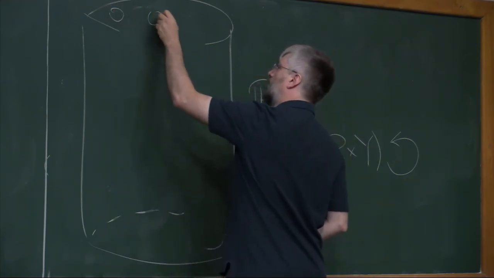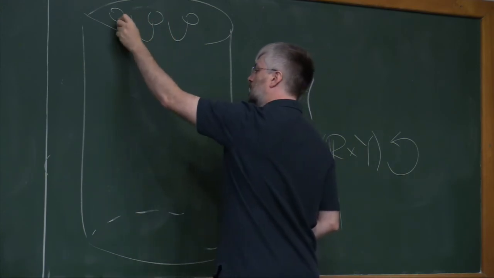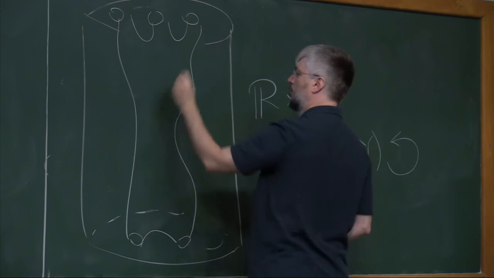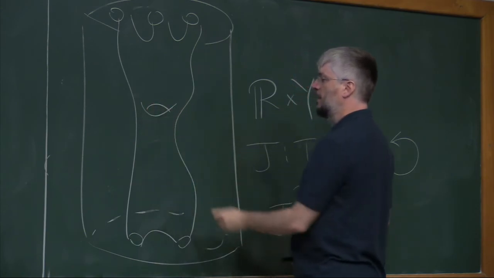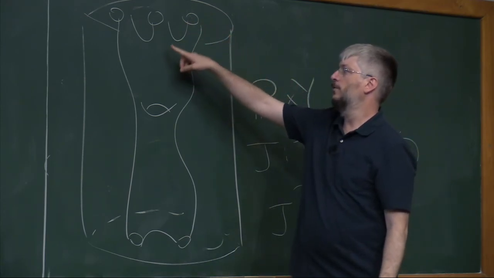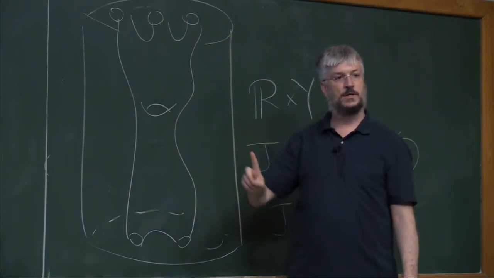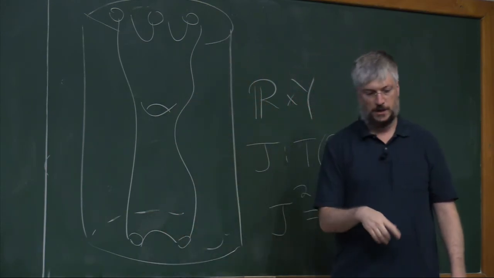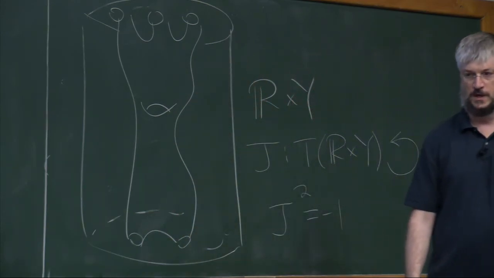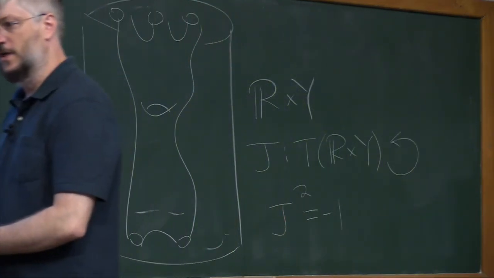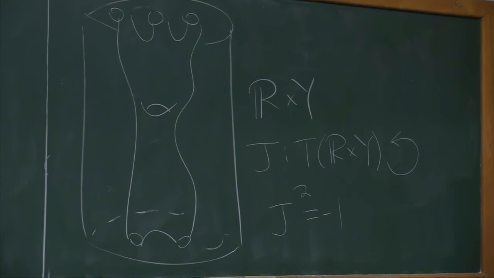But there could be several, and these curves could have higher genus, so they could look like this, for example. Here's a genus 1 holomorphic curve that goes to 3 Reeb orbits as the r coordinate goes to plus infinity, and to 2 Reeb orbits as the r coordinate goes to minus infinity. And there are lots of these holomorphic curves, and I want to count them in some sensible way to get some useful information.